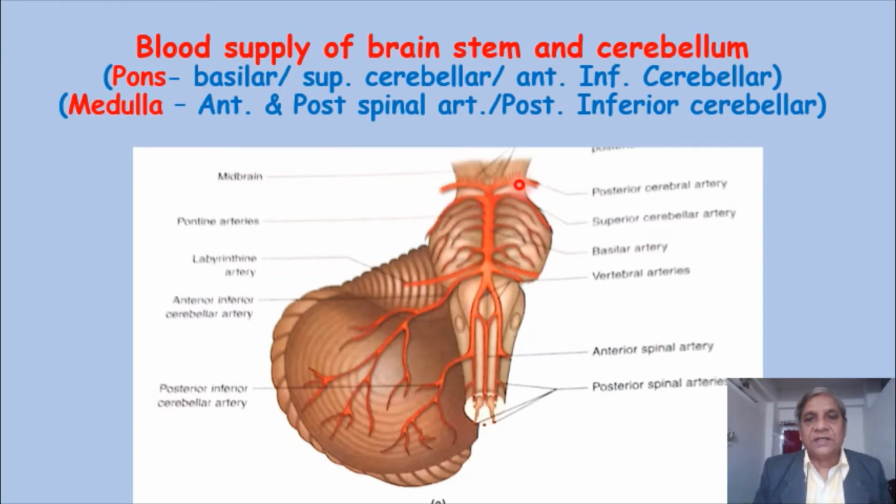I told you that just before it divides into two terminal branches, that is posterior cerebral. The artery is given here at the upper margin of the pons. This is superior cerebellar.